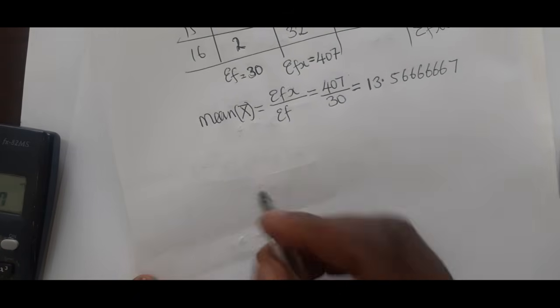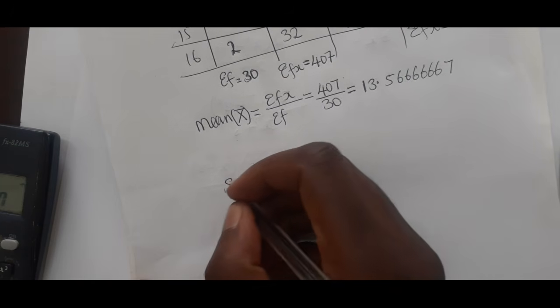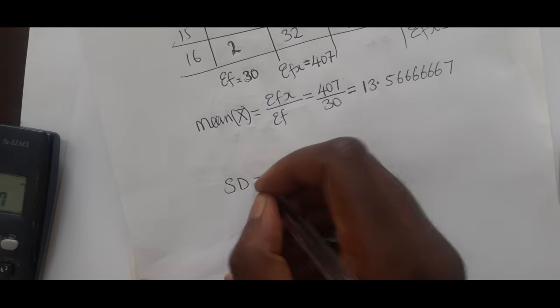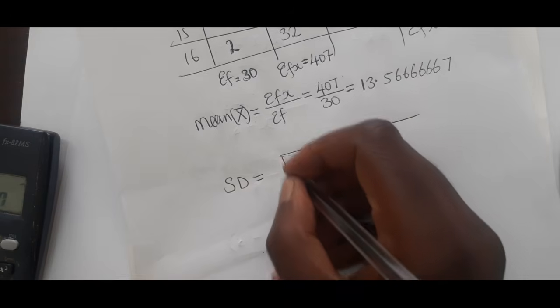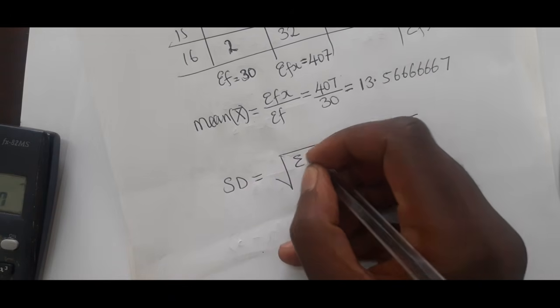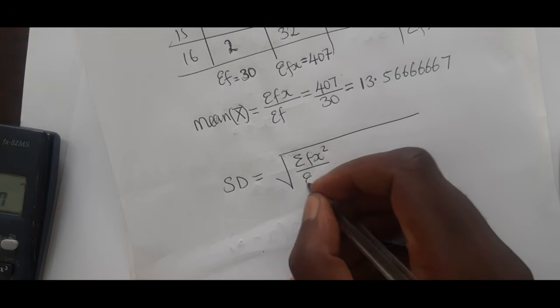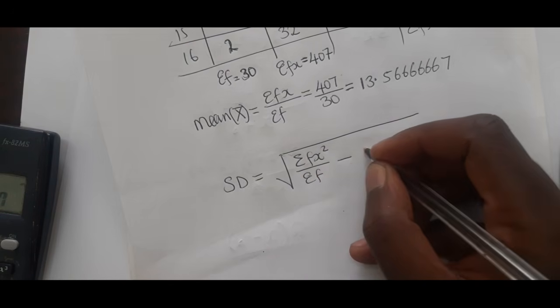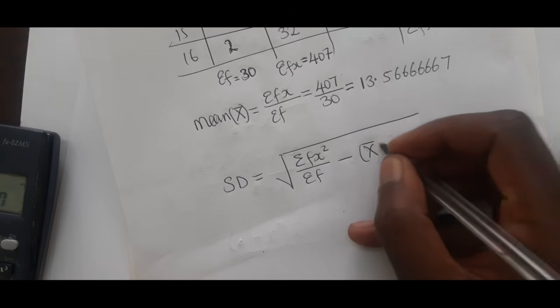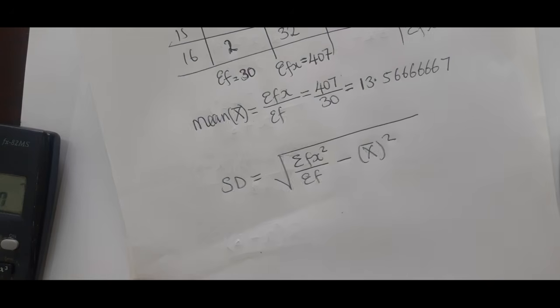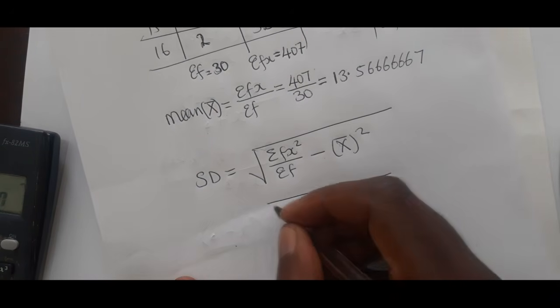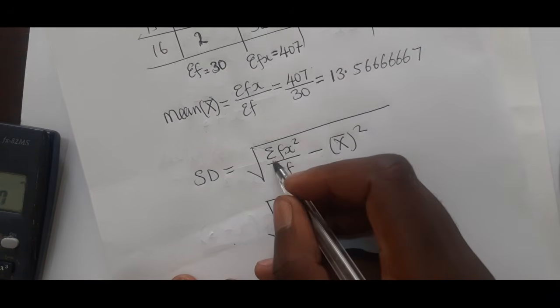Okay, then when you go to our formula now, when you check one of our formulas, it states that standard deviation is equals to the square root of summation of f x squared over summation of f minus x bar squared. So we proceed. This part, what did we get?